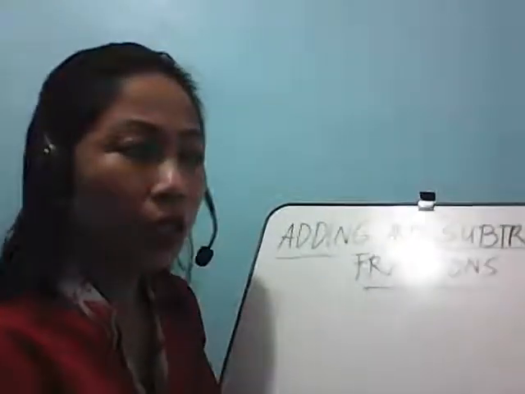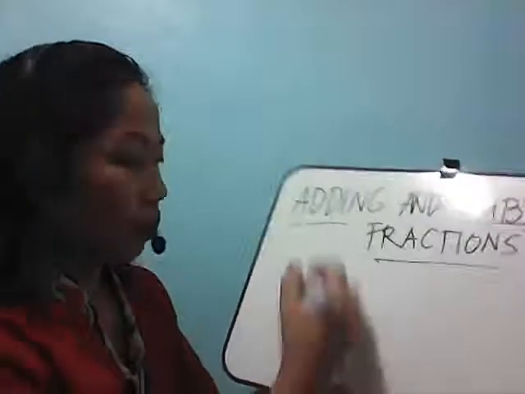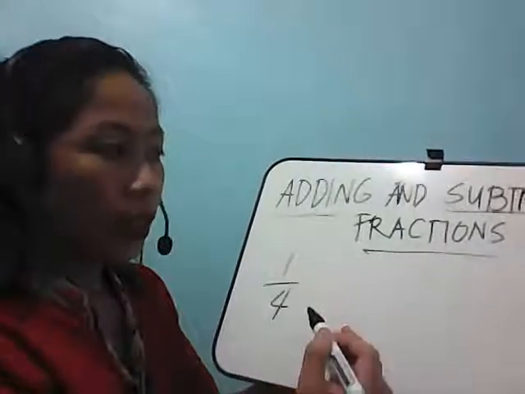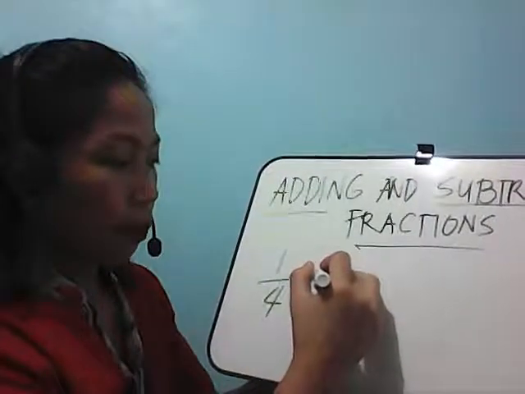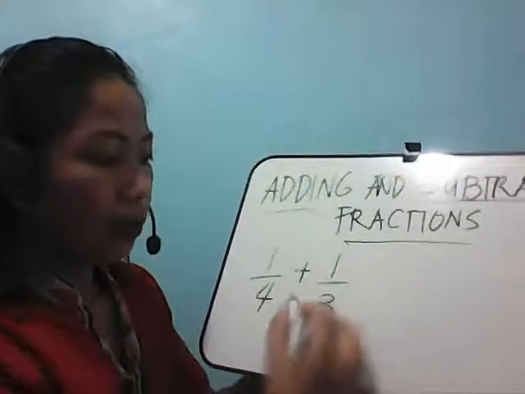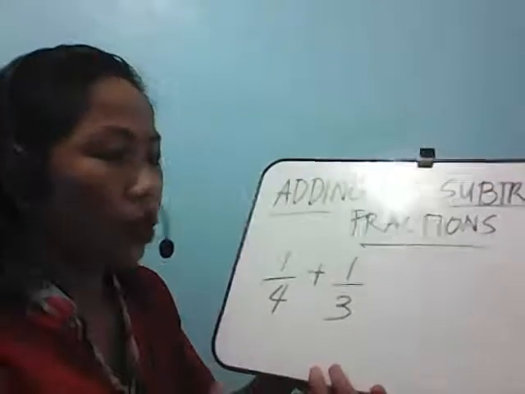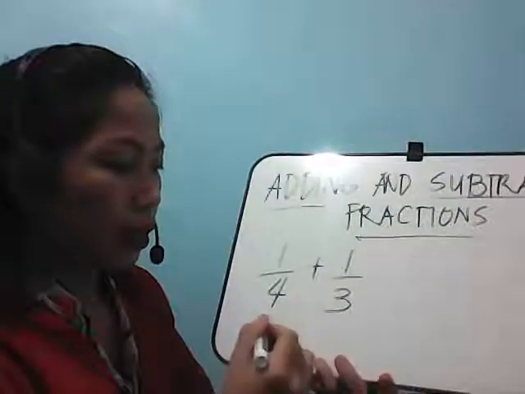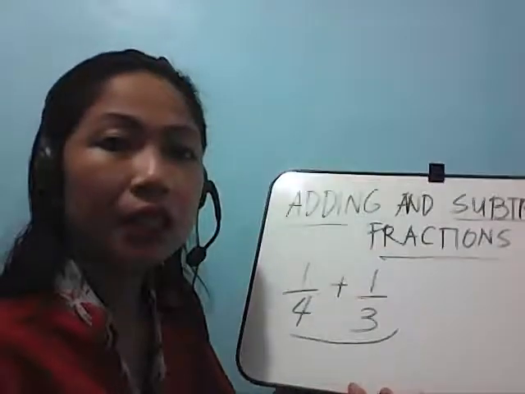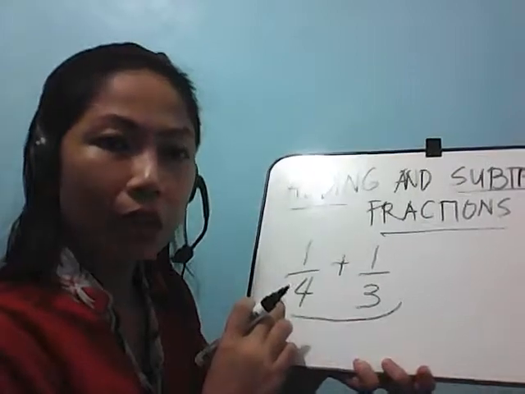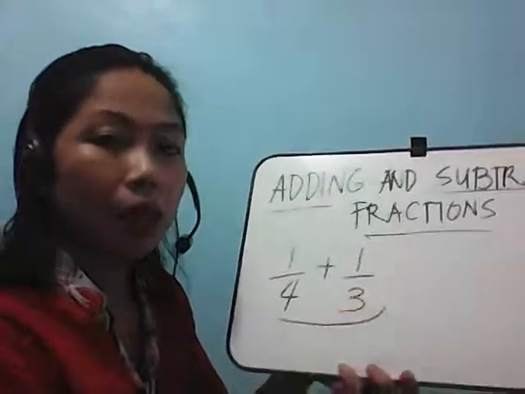How are we going to add dissimilar fractions? So here is the example: 1/4 plus 1/3. When we say dissimilar fractions, the denominator is not the same. Ibig sabihin, magkaiba ang denominator.